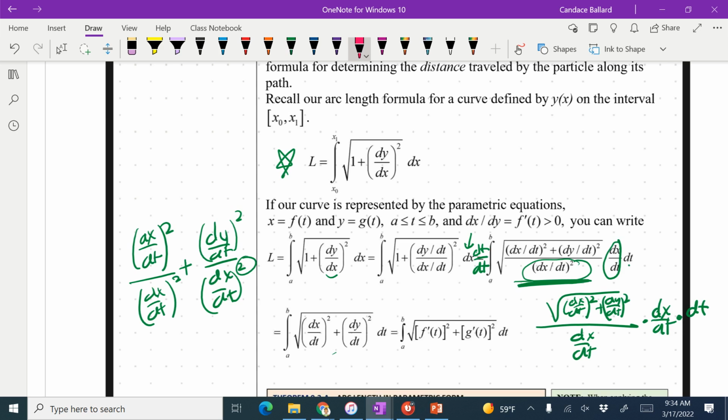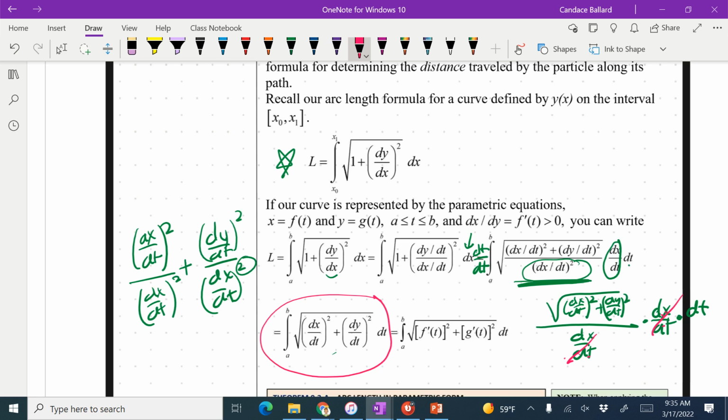So do you see how we have a dx/dt, and one's in the numerator and one's in the denominator? What's going to happen? They're going to cancel, and now we're back to this line right there. So that's why that denominator went away, because it canceled with the dx/dt that we brought in.